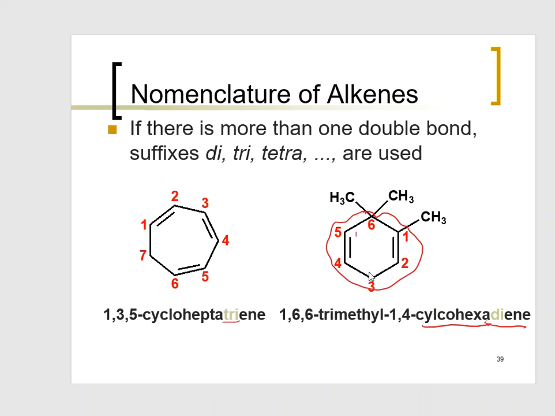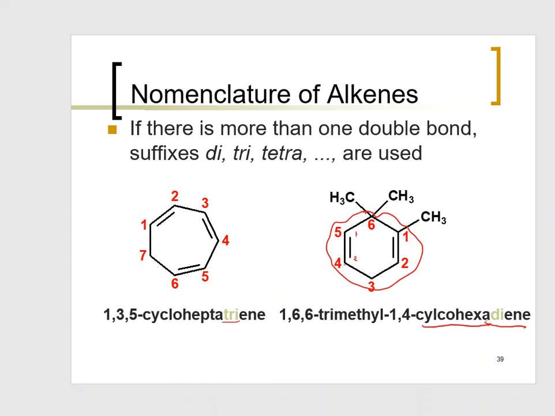If I start here with spot 1, and then 2, 3, 4, 5, 6, I'm going to get a 1,4-cyclohexadiene. And if I did it the way the problem shows me in PowerPoint, I still get a 1,4-cyclohexadiene. So the double bonds here are not really playing a factor as far as the numbering goes.